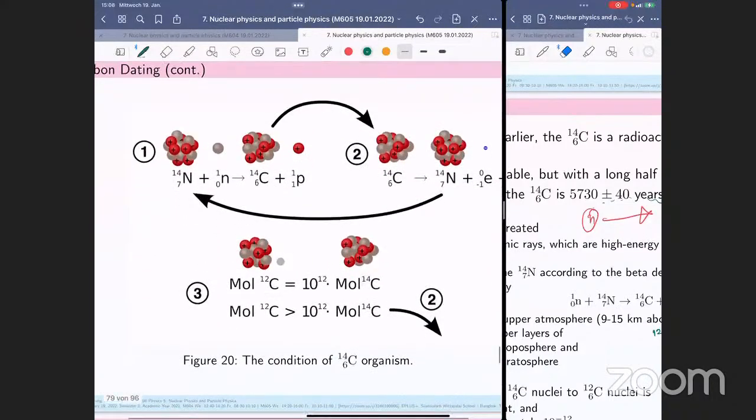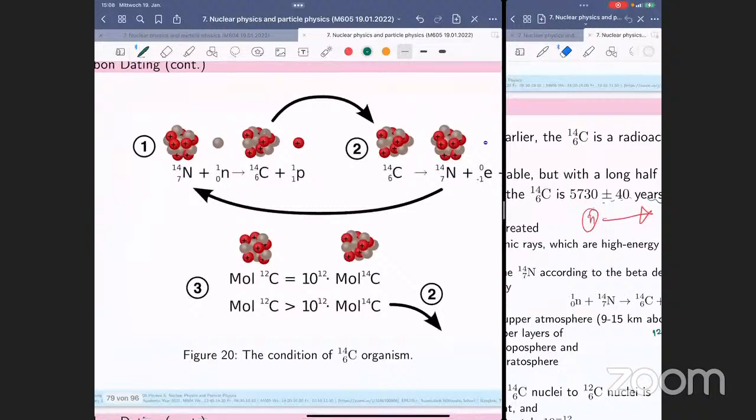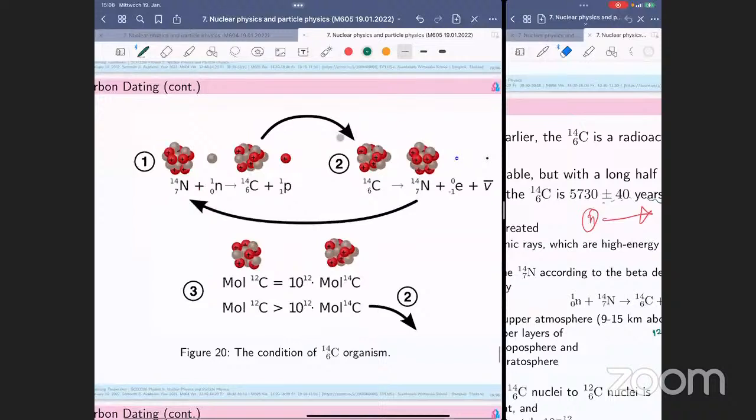Another situation is that nitrogen is hit by a neutron. We get carbon 14, and a proton is kicked out. After that, the carbon 14 decays and changes itself to become nitrogen.